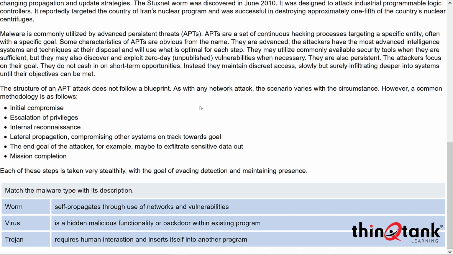So within the context of infiltration, we could test a target for some sort of weakness. We can create white noise, we can do our initial infiltration, and so on. Then we want to expand our access, broaden our presence, and then move into the extraction phase. And then finally, cover our tracks, right?